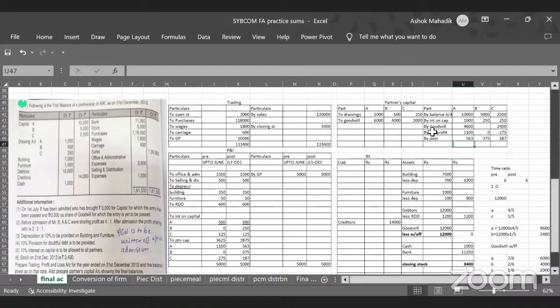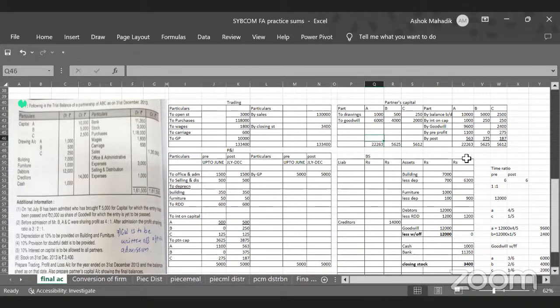Now we'll close this account. We'll take the total. Okay, same way I'll copy it for the remaining 2 columns. Now I'll carry the same total on the debit side.